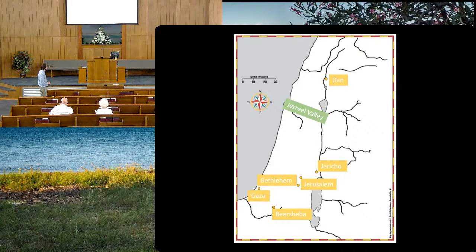Another good place to reference, especially from a New Testament perspective, obviously, is Bethlehem, just there below Jerusalem. And then Gaza in there as well, for one of the Philistine cities. You think about those five main Philistine cities, and Gaza being one of those.